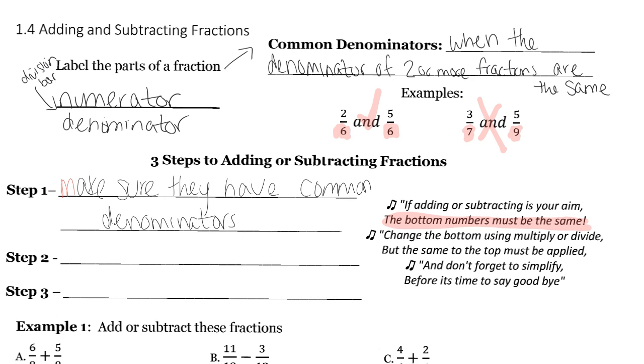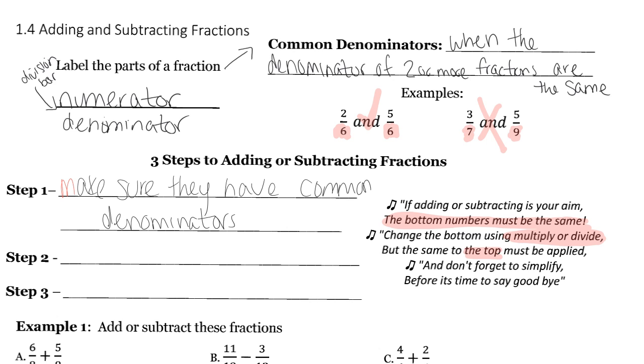And then it tells you how to change the bottom so they're the same. So if they're not common denominators, how to do that. So you do that by multiplying or dividing. You've definitely learned that before, so I'm going to just touch on that barely. Don't forget, if you do that, that it has to be done to the top as well. Okay.